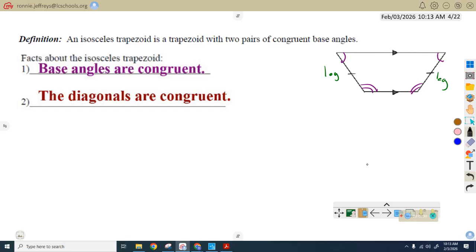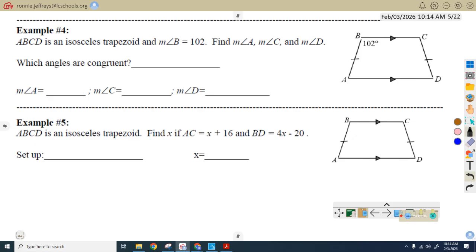All right. So, example 4. ABCD is an isosceles trapezoid with the measure of angle B of 102.